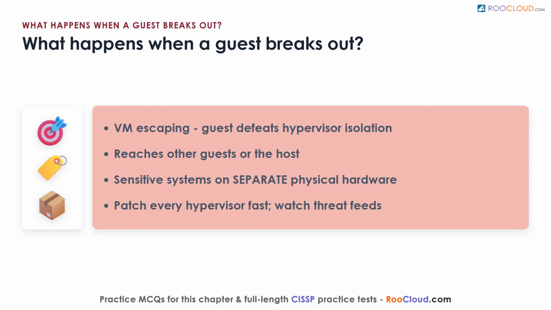Keep your most sensitive systems on separate physical hardware so isolation is real, not just logical. Patch every hypervisor the moment fixes arrive, and watch threat feeds for new escape techniques targeting your platform. Think of it as prisoners tunneling between cells. The stronger your walls, and the faster you spot fresh tunnels, the safer everyone stays.